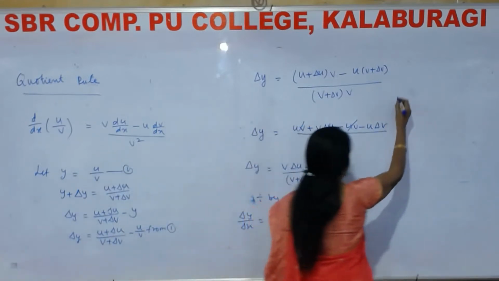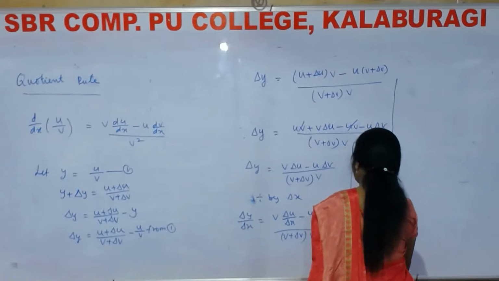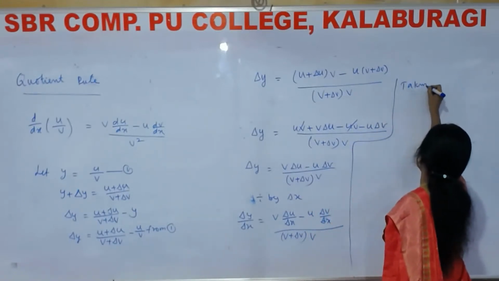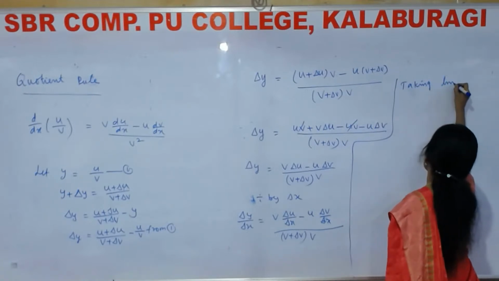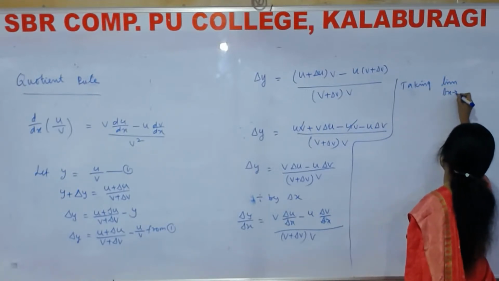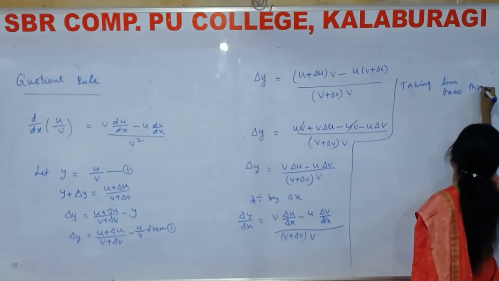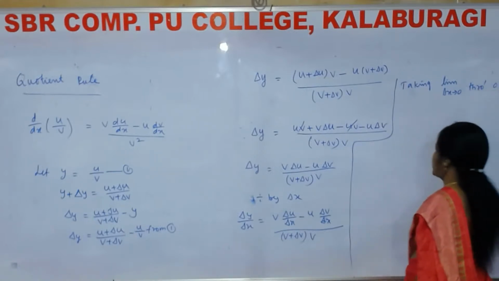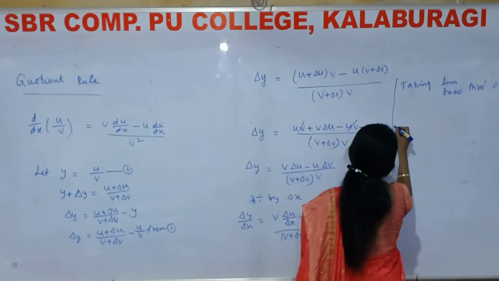Now what will you do? Taking limit delta x tends to 0. Tell me what it is, students.